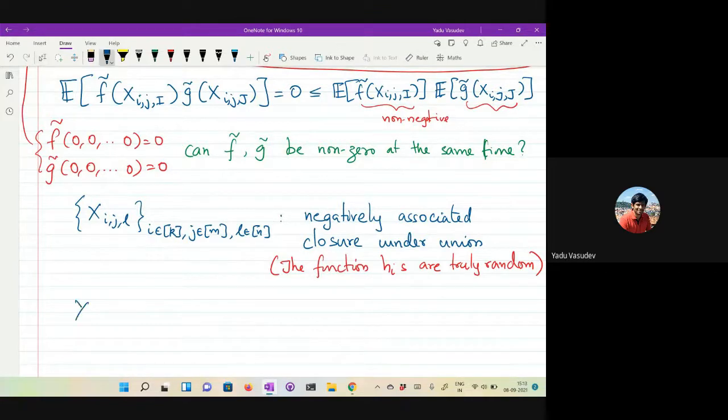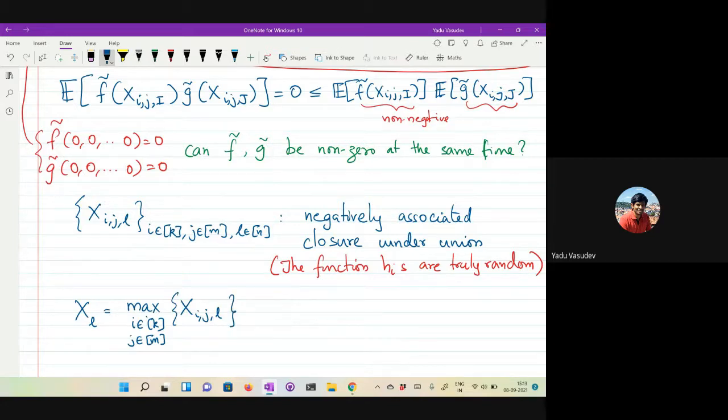And now what you do is you look at the following random variable. You look at the random variable X_L to be the maximum over i in k, j in m, of X_ijL. Okay.